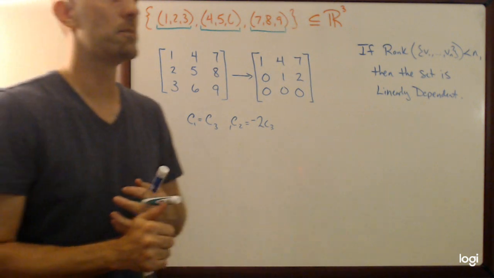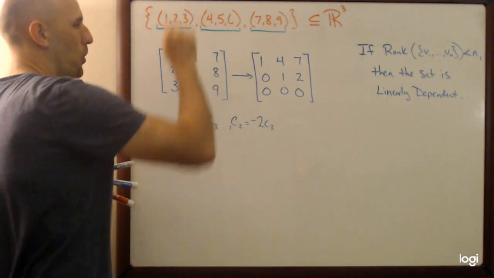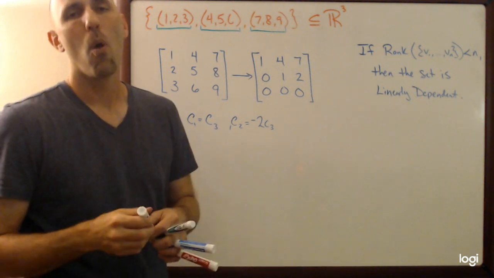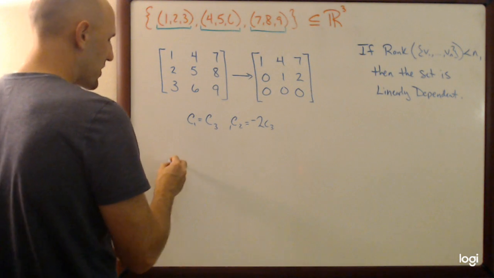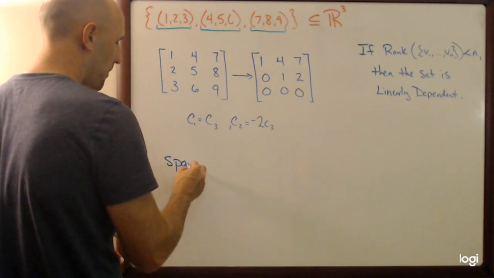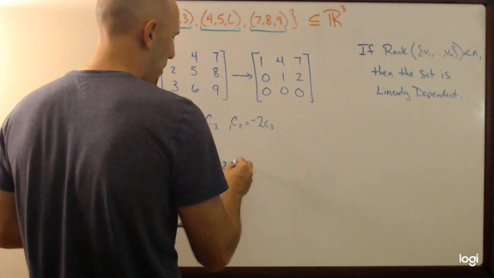How? Well, this rank being 2 also tells me what type of space is being spanned. Now, I can't tell you exactly where the span of this is, but I can describe it.